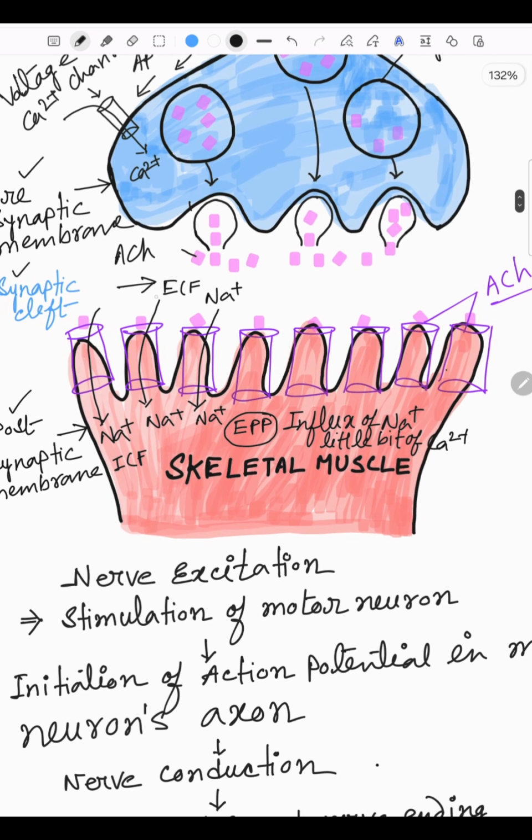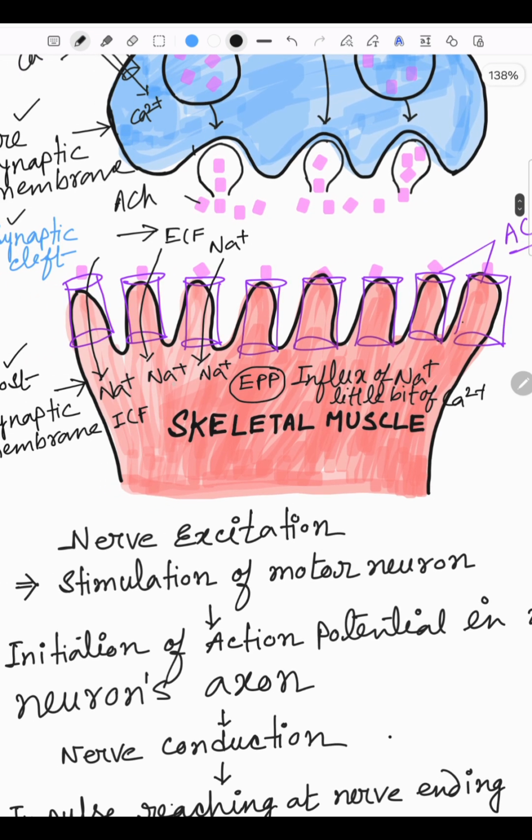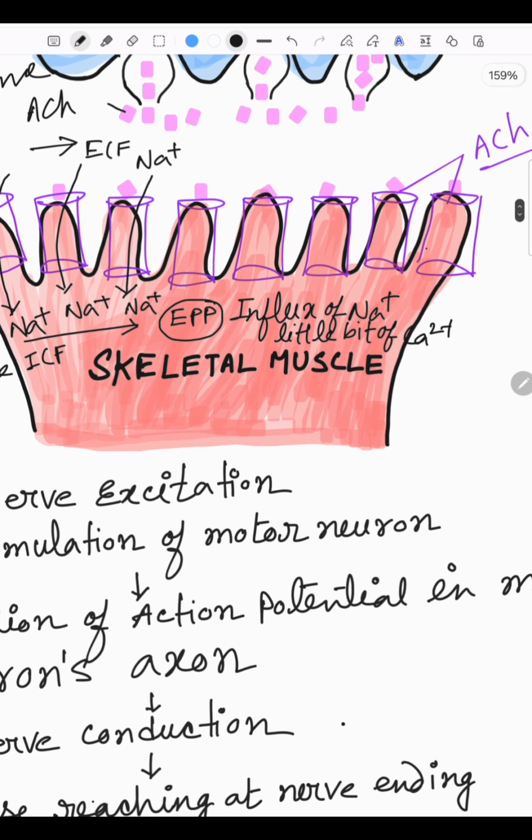They bind with the acetylcholine receptors that are present over the skeletal muscle membrane, and that causes the influx of sodium ions that will generate the EPP, end plate potential, which is not an action potential. So for generation of action potential, we need EPP.